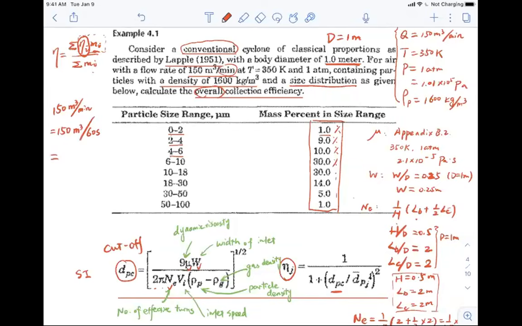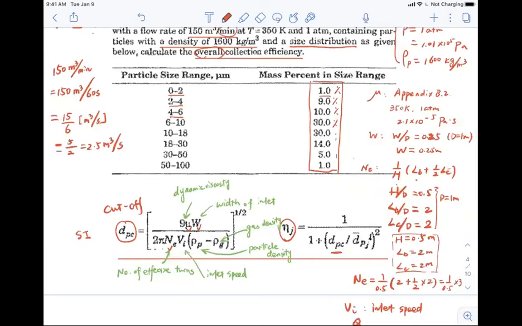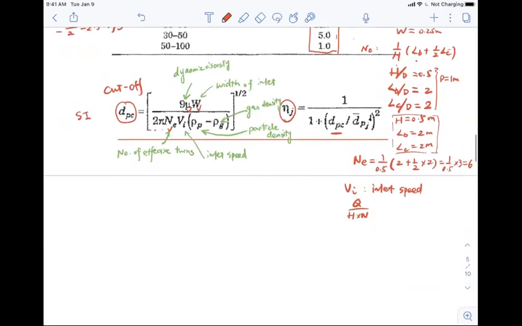That turns out to be 15 divided by 6, which is 5/2, or 2.5 meter cubed per second. So the flow rate is equal to 2.5 meter cubed per second.